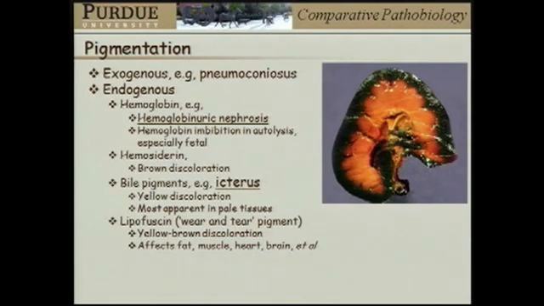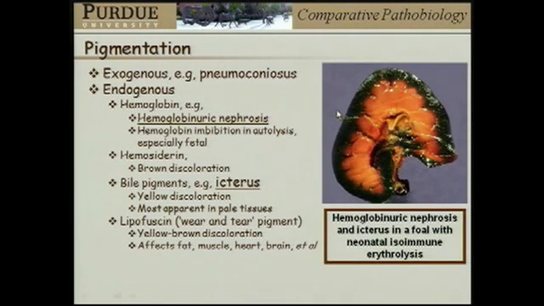So if you concentrate on the renal pelvis here, or the renal medulla, tissues which should be quite pale and close to white, they are instead yellow to orange, and that yellowish discoloration, we would make a morphologic diagnosis of icterus. But remember I said there was another pigment showing here, and that pigment is hemoglobin.